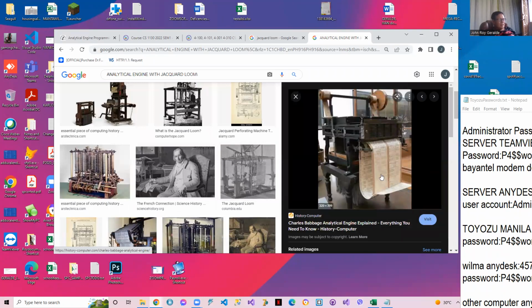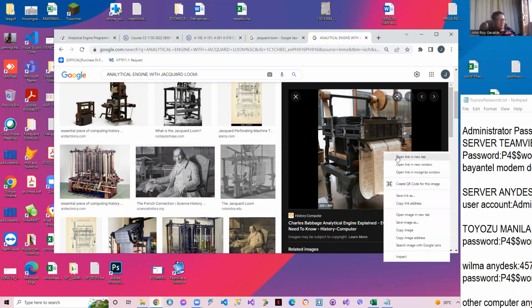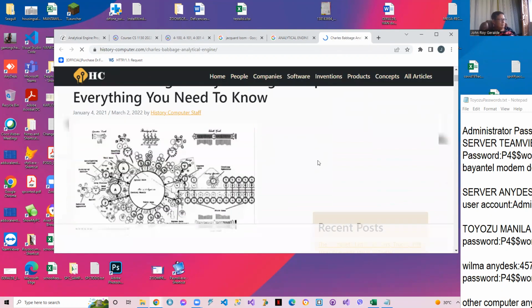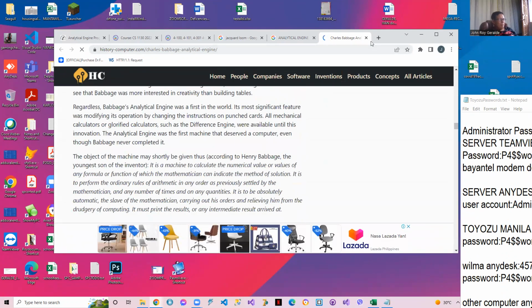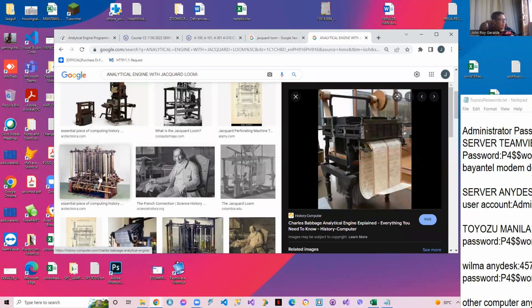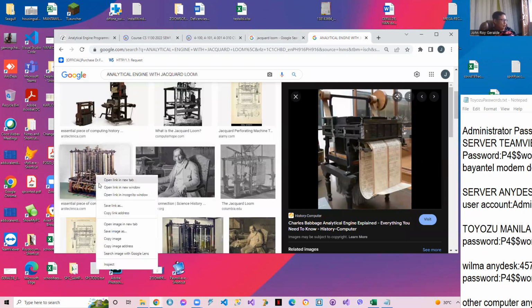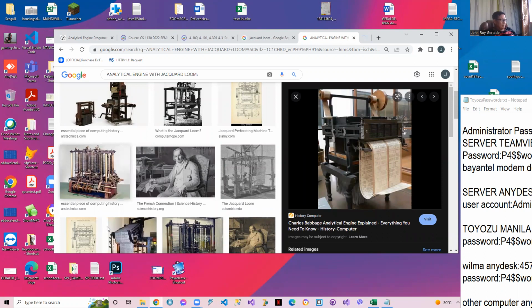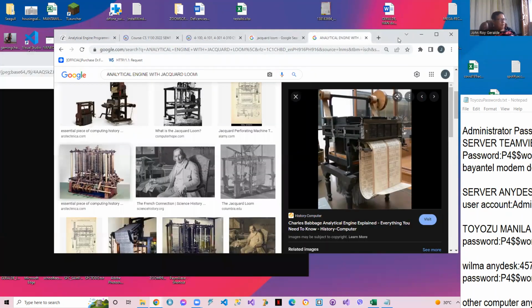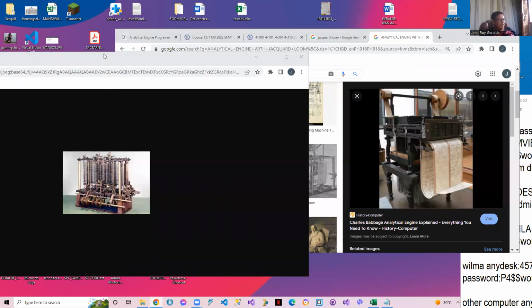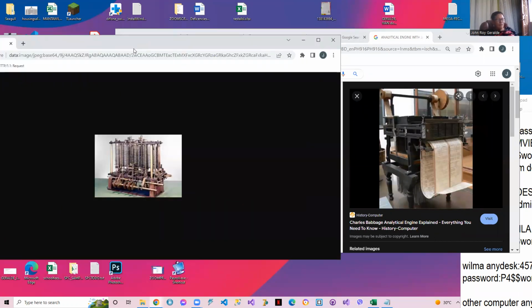Okay, this is the Jacquard loom used in the analytical engine. We don't have a picture. Anyway. Open image. There. We follow. So these are the two main components of the analytical engine.